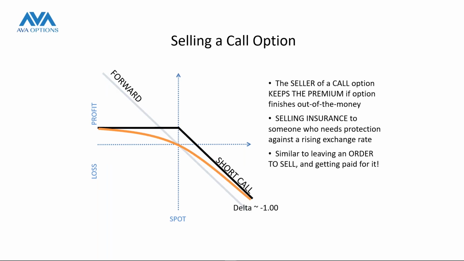Let's look at selling a call option. If you don't know what a call option is, please stay with me, and you'll understand more as the presentation goes on. If I sell a call option, I'm essentially going short the market because as the market goes higher, I'm exposed to unlimited potential losses.